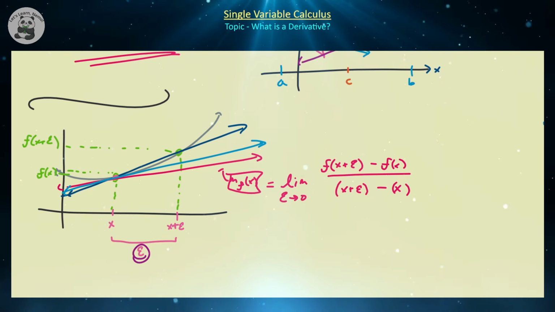So we're going to make this distance really close to 0, and these slopes are going to hopefully get closer to the slope of the curve that we are aiming for.